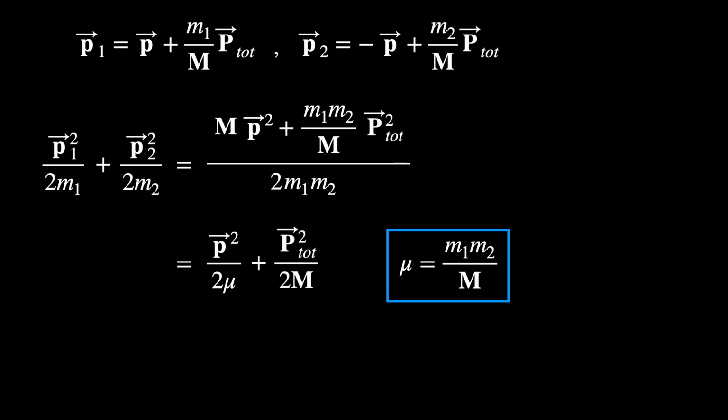In the blue box, we have defined a new quantity, the reduced mass. This is the mass associated with the relative momentum P. Its name comes from the fact that it is even smaller than the smaller of the masses, which we take to be m1.